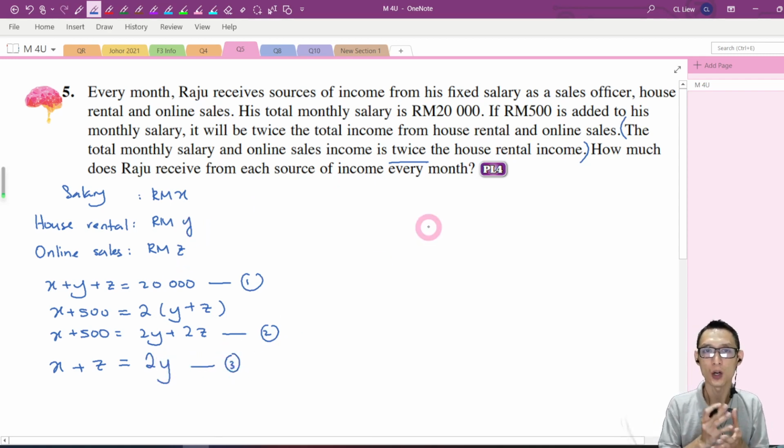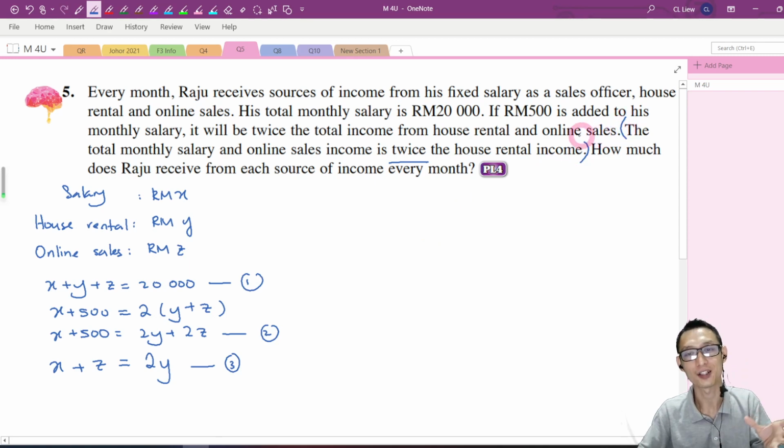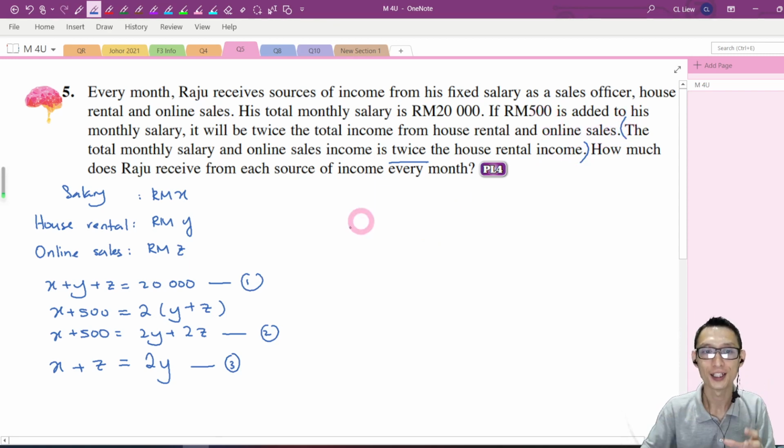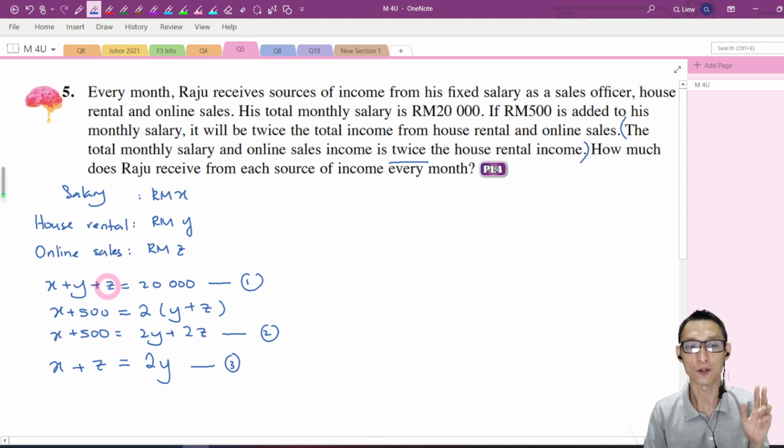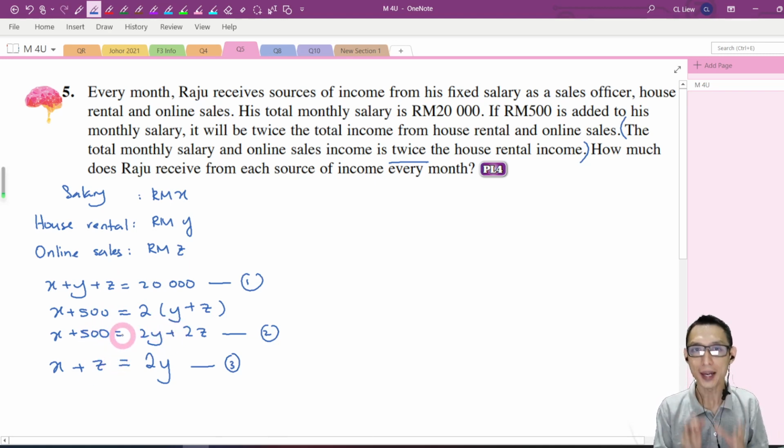What we are doing now is translating all these sentences into mathematical equations. The next part is to find the value of x, y, and z. You'll notice that each equation has three unknowns. So our main goal is to change all the unknowns to become the same. We want to see only one unknown existing one time.